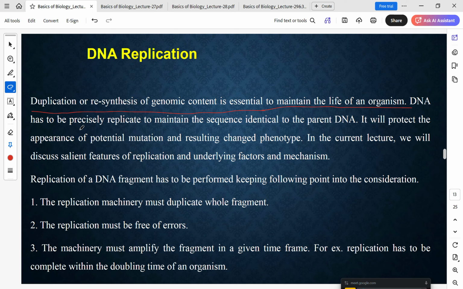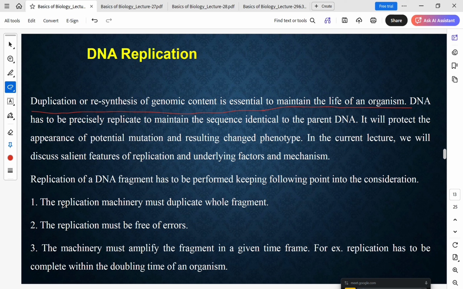Essentially, the protein won't function properly or might get degraded. So if there is a potential mutation, it might create a changed phenotype. This is a chance event. It might or might not happen, depending on the specificity of the enzymes involved.